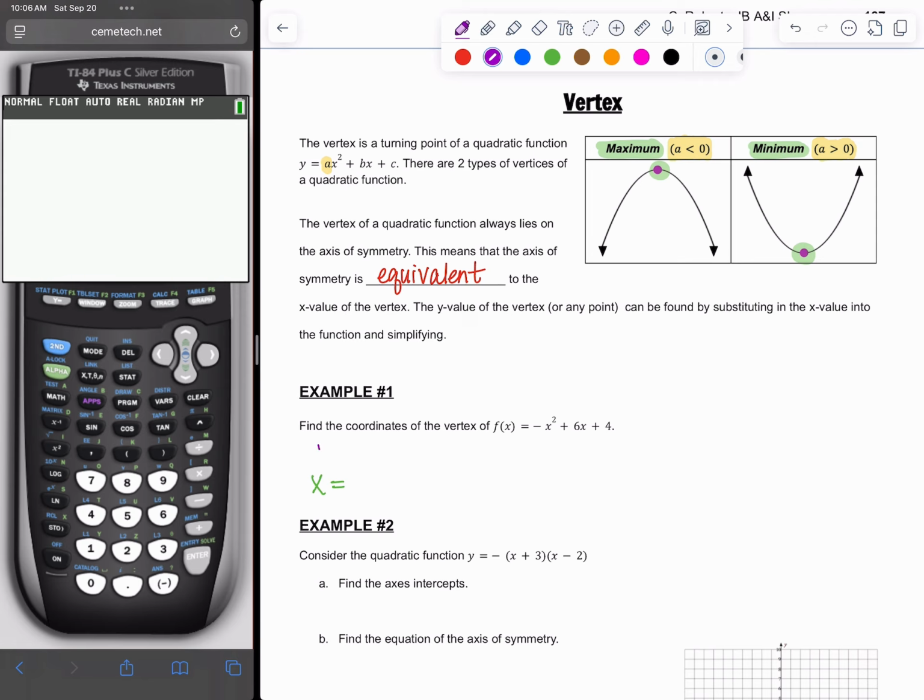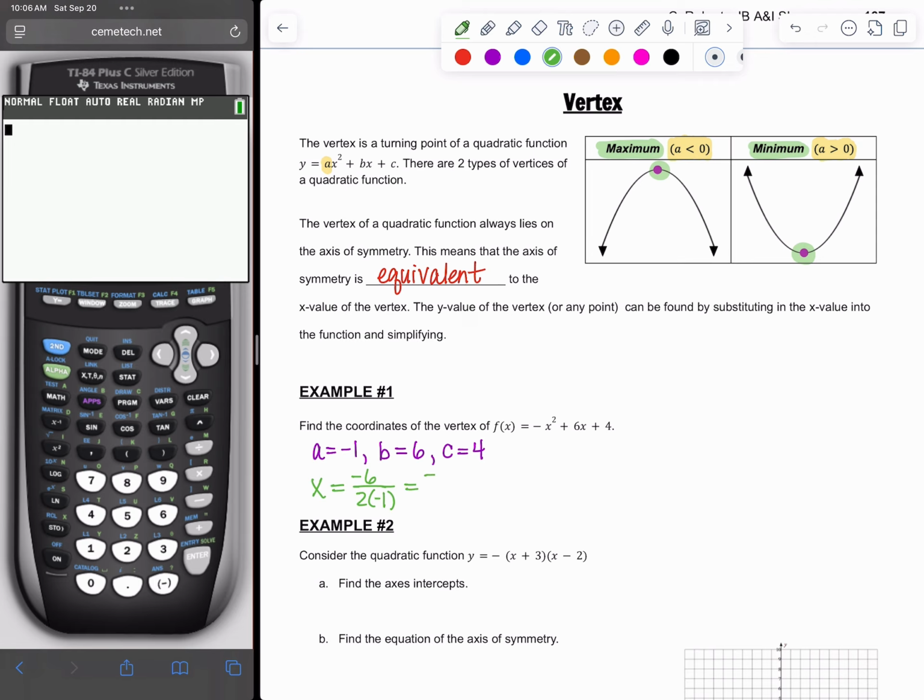So we end up having that a is negative 1, b is positive 6, and c is 4. So when I substitute this into the axis of symmetry equation, x is equal to negative 6 divided by 2 times negative 1.